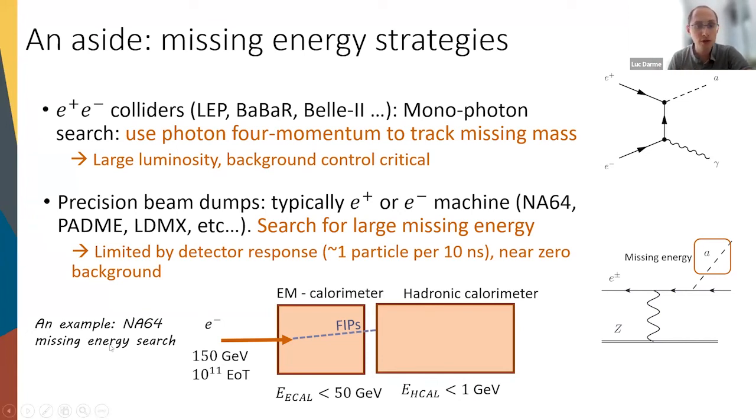What they would do, and this is a very interesting search from NA64, is throw electrons, 100 GeV electrons. The idea is that you have first an electromagnetic calorimeter and second a hadronic calorimeter. Then they would require that the full energy deposited in the electromagnetic calorimeter is smaller than 50 GeV.